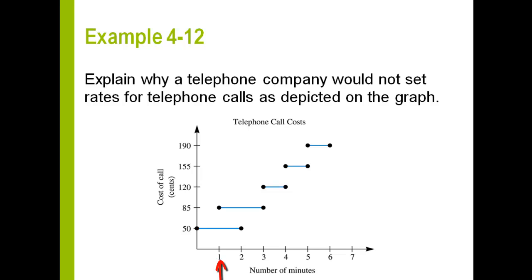If I talked for 2 minutes, they could charge me 50 cents, they might charge me 85 cents. So this would not represent a function because for the input of 1 minute, I have 2 different outputs. For the input of 2 minutes, I have 2 different outputs. And according to the definition of a function, for every input, I can only have 1 output.